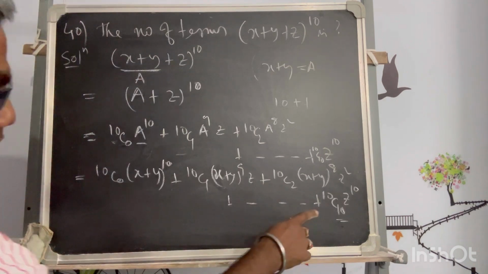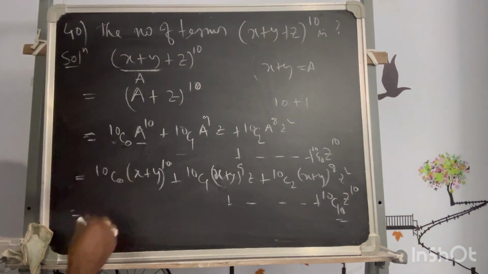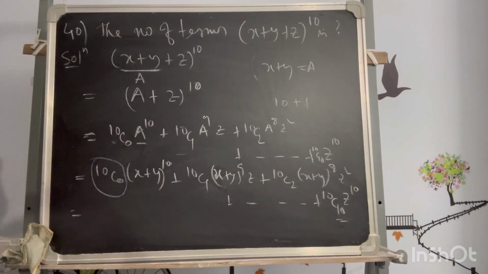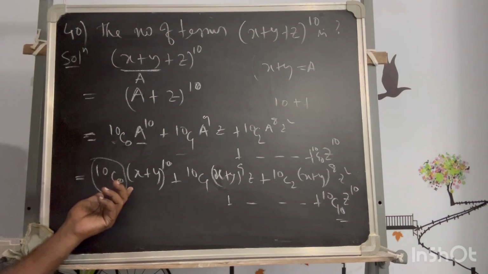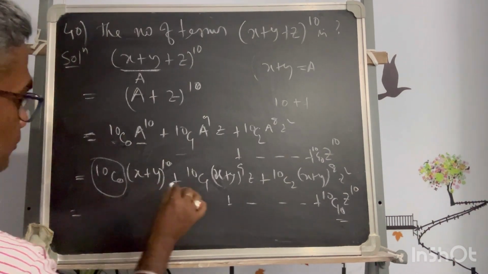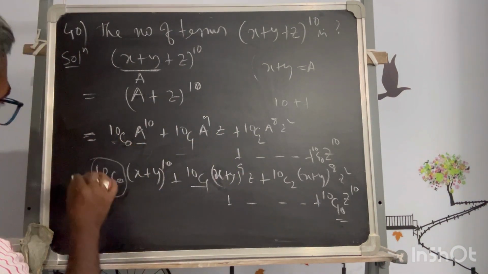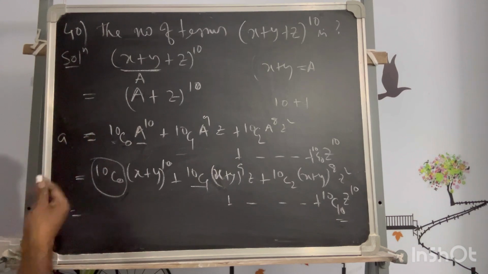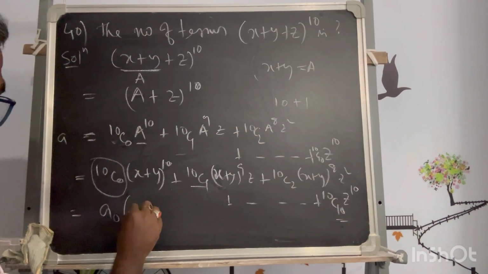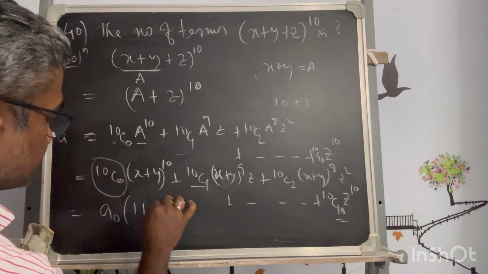This will be needed when I explain the total sum. Now these coefficients are constants and will not decide the number of terms, so I will not write them out. Let's call them a0, a1, a2 and so on. What is the number of terms here? 11 terms, because the power is 10.